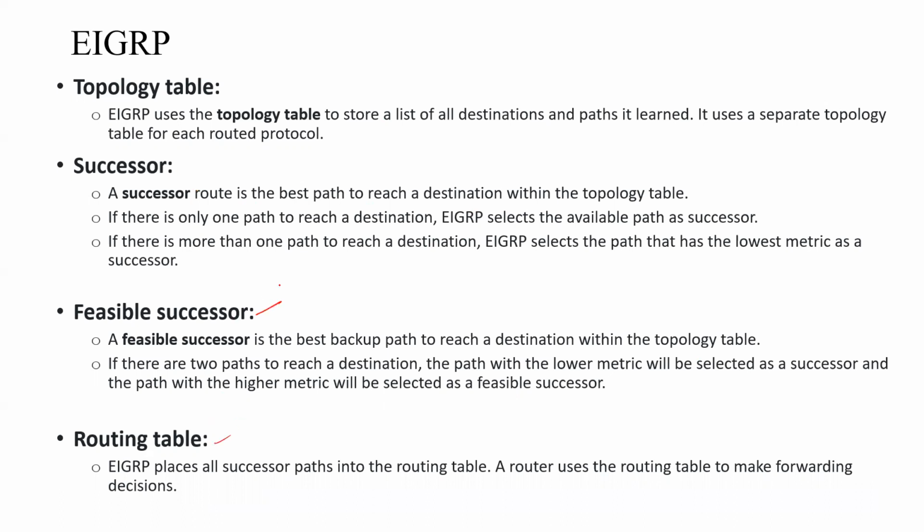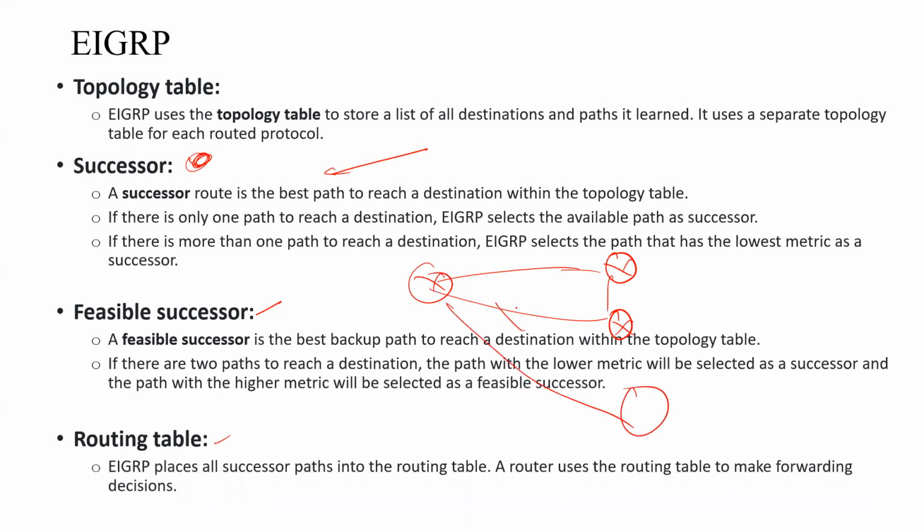So here successor is nothing but the best path to reach the destination. And feasible successor is nothing but if this successor or best path fails, then we need to have another path, right? Suppose we have R1, R2. This is one way. We were discussing, right? If this fails, what is the best path?